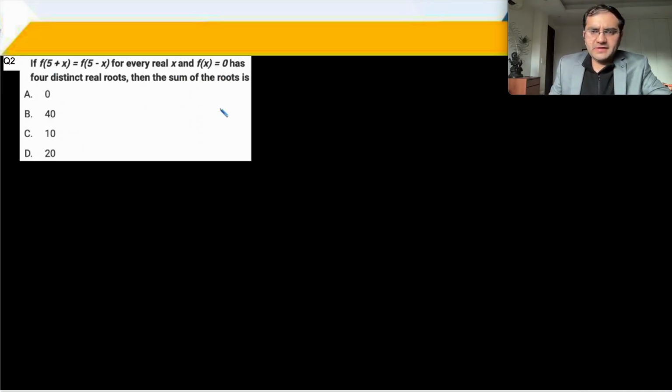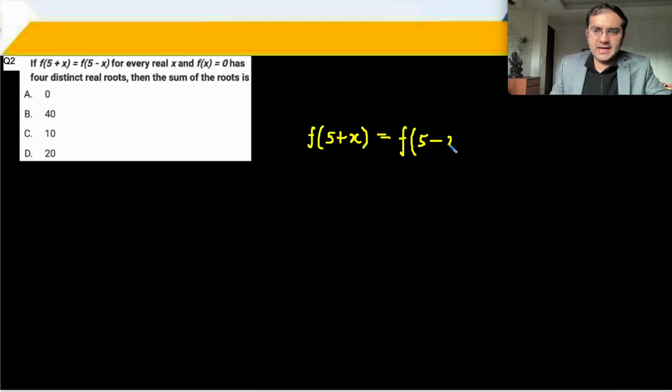So for example, if f of 5 plus x is equal to f of 5 minus x, and let's say you put x equal to 1, then you get 5 plus 1, 6, is equal to 5 minus 1, 4.